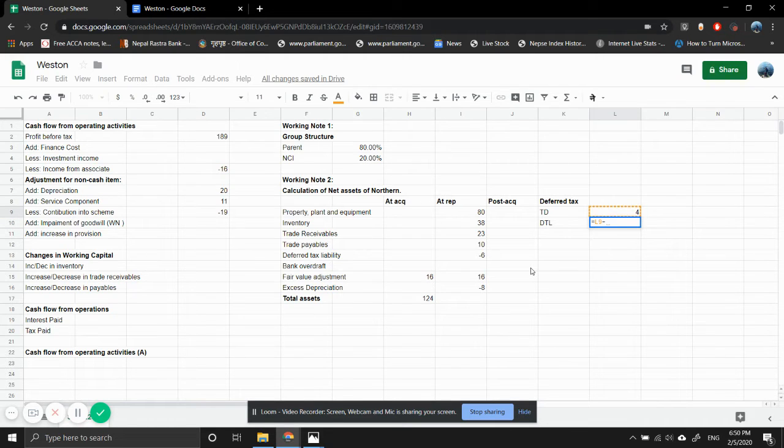So minus 4 into how many years have gone by? 4 divided by 8, right? Yep. So deferred tax liability will be minus 2 that will also be added, okay? Minus 2.